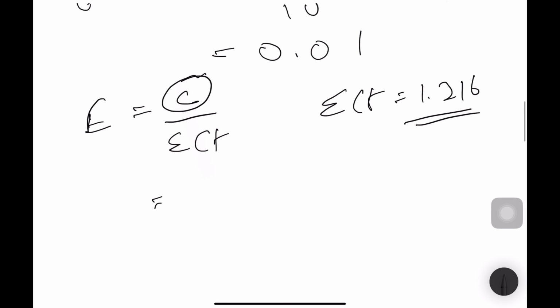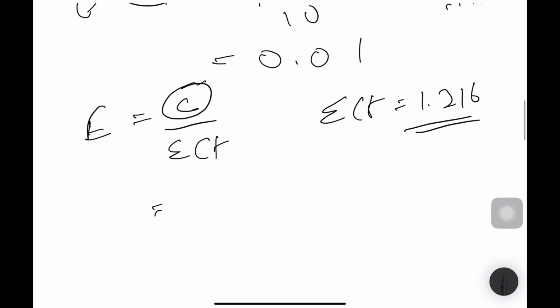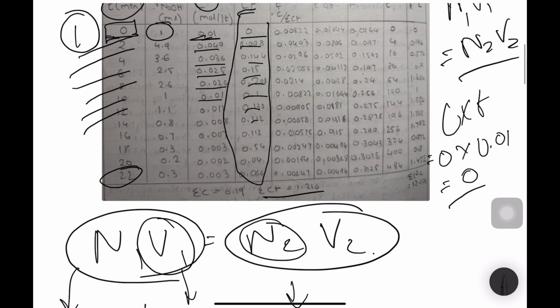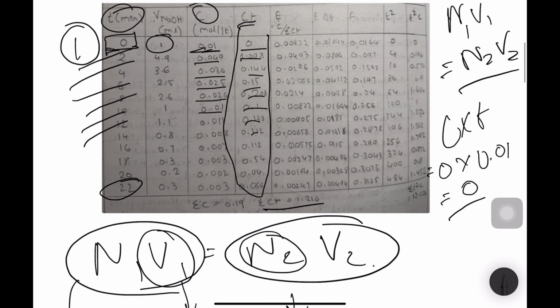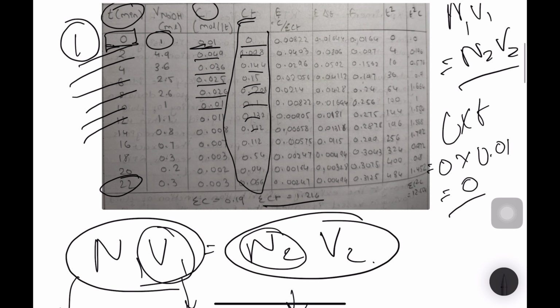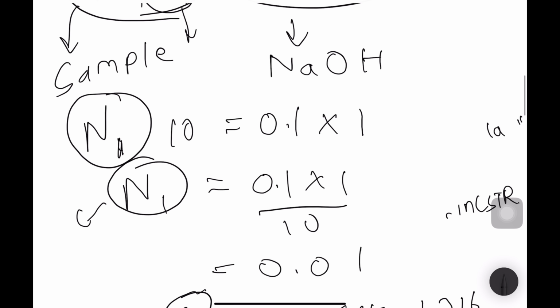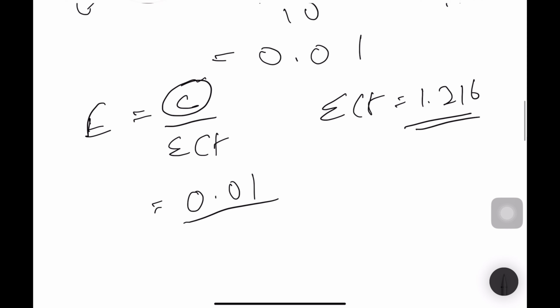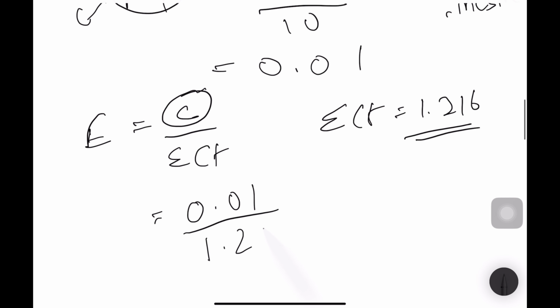So for every C value, we have to divide it by the summation of CT, which is 1.216. Let's take the first C value, which is 0.01. So 0.01 divided by 1.216 comes out to be 0.00822.